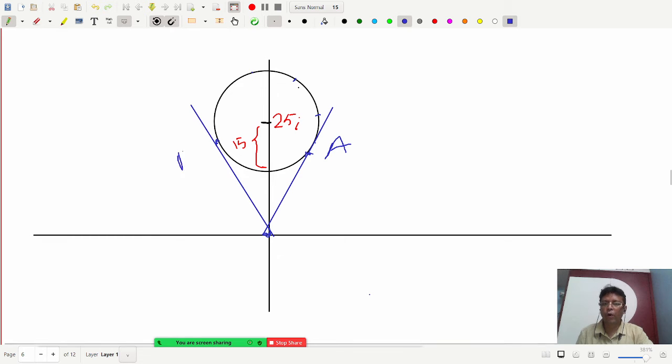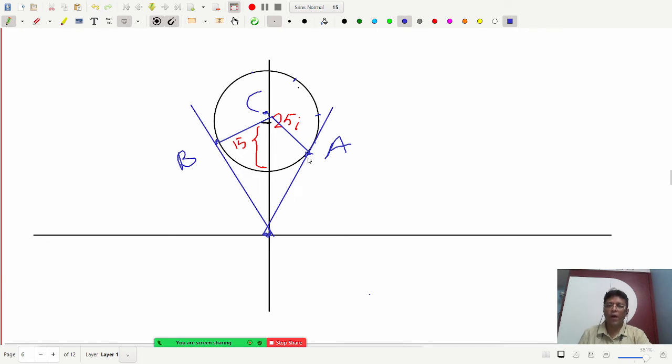On the other side, this is point B, and this is the center C. So join the center with the points A, B, C.